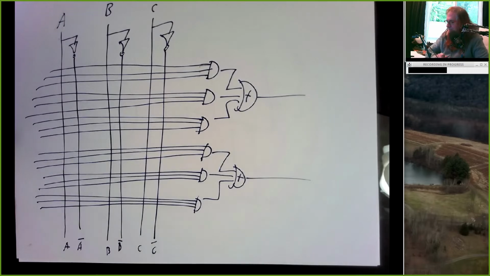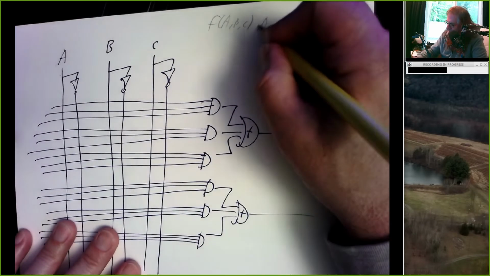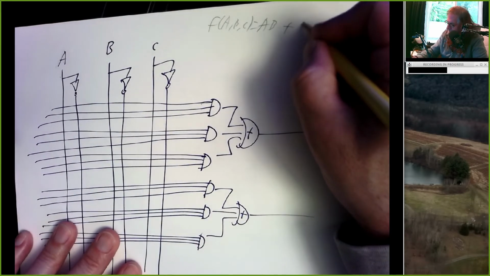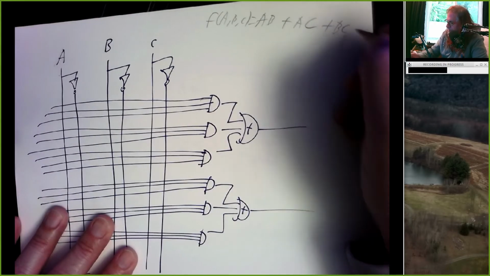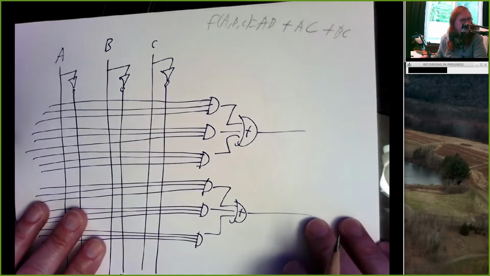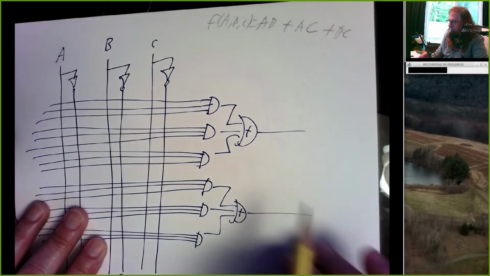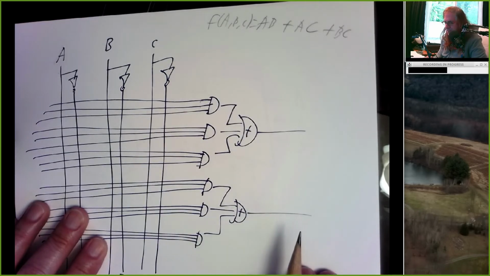And now we get our homework assignment, and it says, let's build a circuit for f of ABC equals AB or AC or BC. All right, so here's my first homework question. Sketch a circuit that implements this equation.